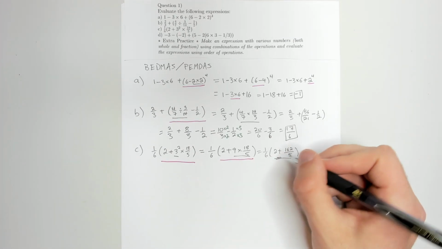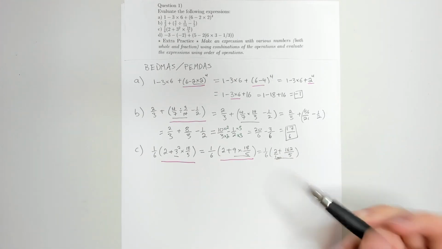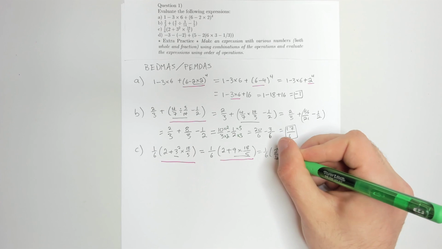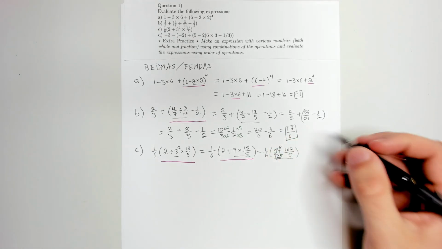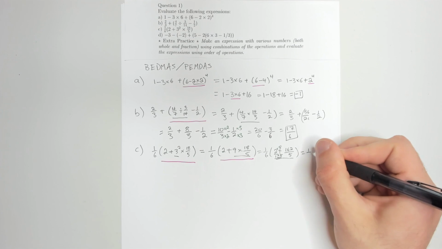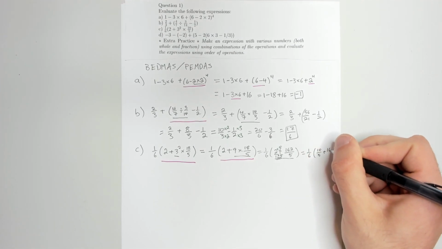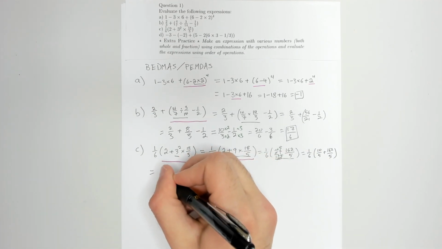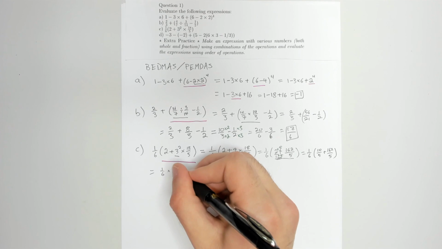So 2 plus 162 over 5, we're going to need to make a common denominator. So 2 is the same as 2 over 1, and the common denominator is just going to be 5. So if we multiply the numerator and denominator here by 5, we are going to be able to achieve that. So we end up getting 1 over 6 times 10 over 5 plus 162 over 5, which becomes 1 over 6 times 172 over 5.